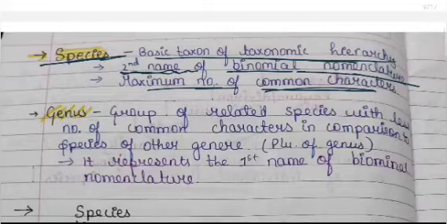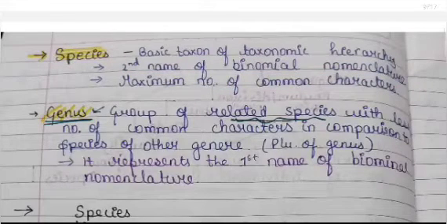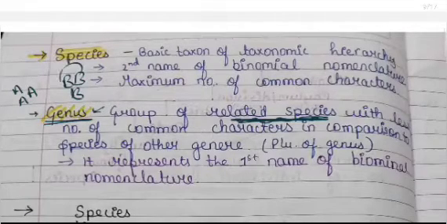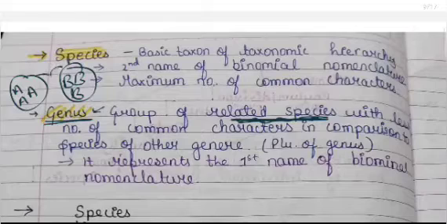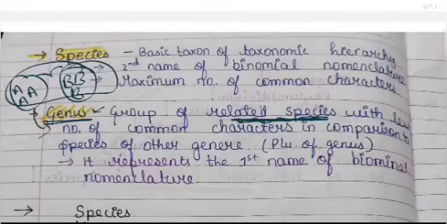Now, genus can be defined as a group of related species. With the help of an example, if we take different species, here species A and here species B, and we find a little bit of similarity, then we can term the whole as a genus.